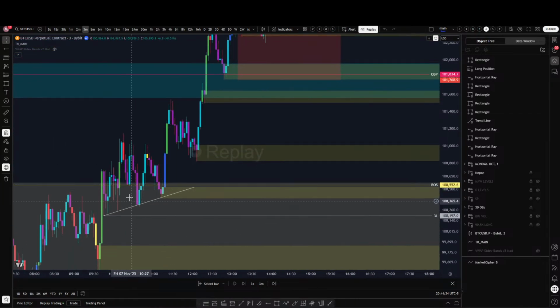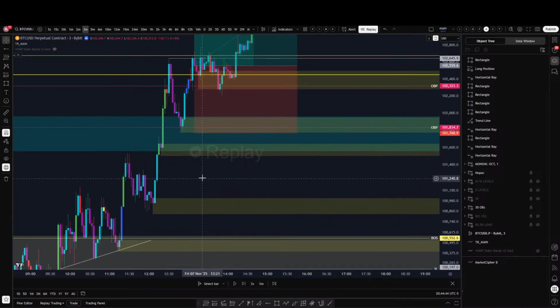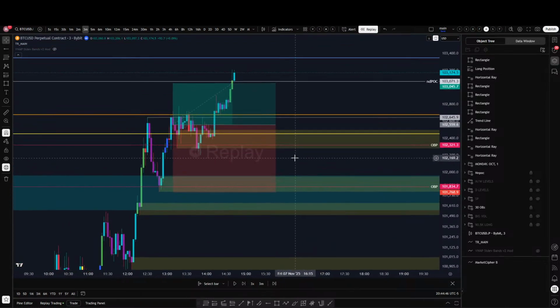So even if this was a trap, invalidation, you're still with the trend. So you have a chance of winning trades. When you ride the wave, you win the trade. Remember that motto. Ride the wave, win the trade with Melo Trade.